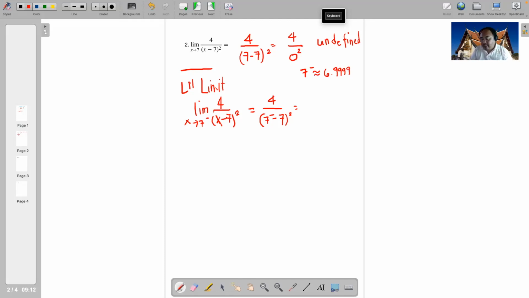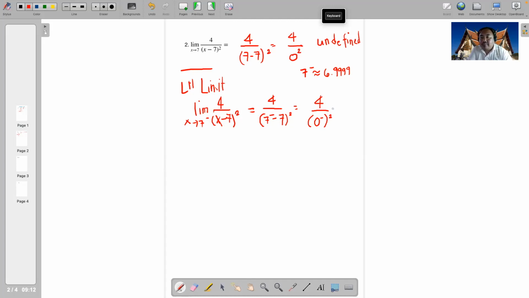If we are going to subtract 7 from this number, we will get 4 over 0 minus, right? Because this is smaller than 7. So if you're going to take 7 away from it, then the result is very small but is negative. However, we have to square that. What happens to a negative number when it is squared?